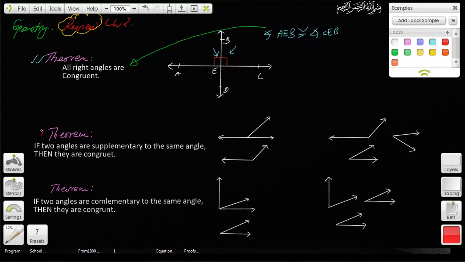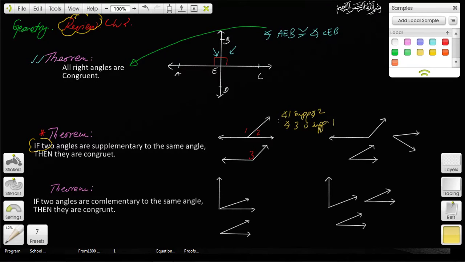The second theorem is very important, and here's an example. If two angles are supplementary to the same angle, for example, angle 1 is supplementary to angle 2, and angle 3 is supplementary to angle 1.